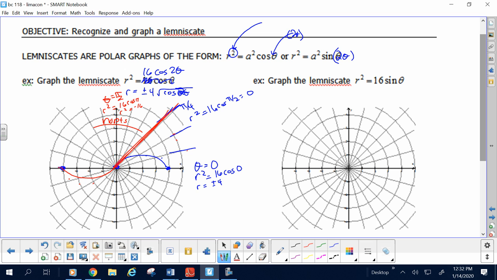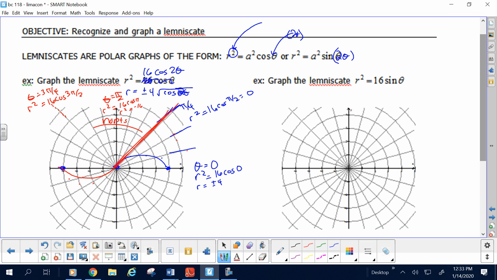Over here, think here, at 3 pi over 4, R squared is 16 cosine of 2 times 3 pi over 4. What's 2 times 3 pi over 4? Cosine of 3 pi over 2, which is 0.